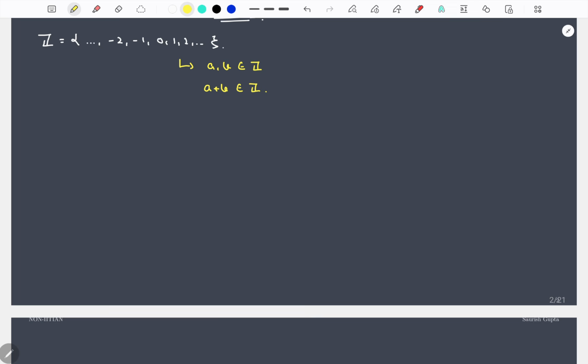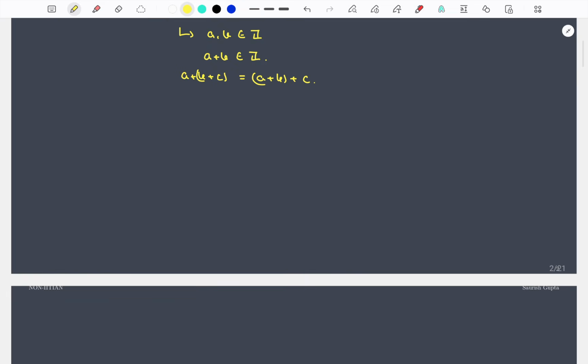The next thing is that how you add it doesn't matter. You can add the second two elements first, and rather you can also add the first two elements and then add it to the third element. So it won't matter the way you add three elements up. And in fact, this can work for any finitely many elements.